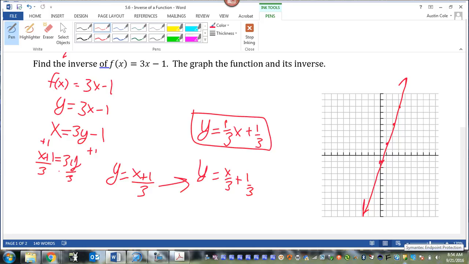Our inverse, we have a y-intercept of about 1/3. There, right? Go up 1, 1, 2, 3 over. Start at -1. Up 1, 1, 2, 3 over. Like that line.